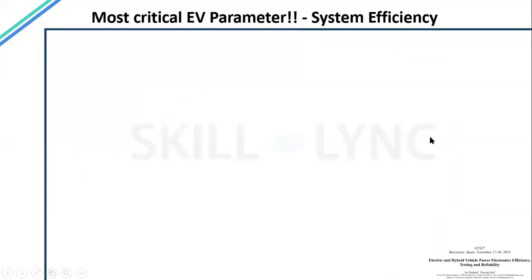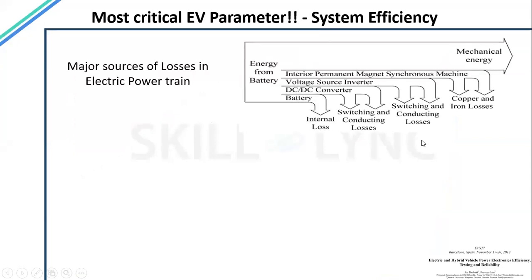So the important thing is system efficiency. At the end of the day, as an electric vehicle, what is important is all these losses put together: machine, inverter, converter, battery. This is what system efficiency is all about, right? So we have to make sure that they are not just at their peak efficiencies, but across the maps. Each and every component has an efficiency map.